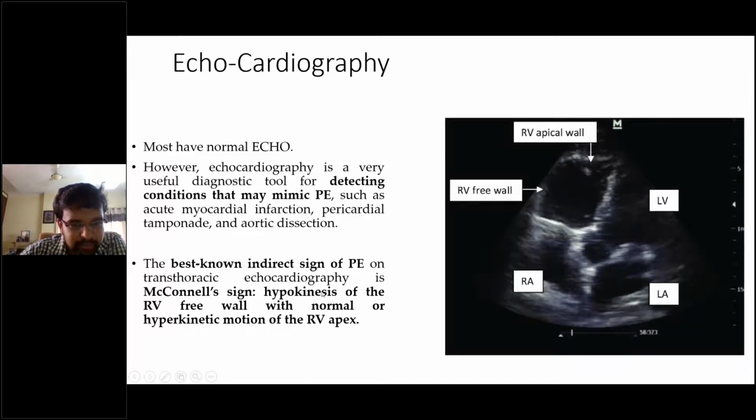There is hypokinesis of the right ventricular free wall with a normal or in fact hyperkinetic motion of the right ventricular apex. In fact, this is the earliest sign which you can see on echo in pulmonary embolism. But again, this is not very commonly seen, and normally the echo is normal and it is a diagnostic tool for detecting conditions that are mimicking pulmonary embolism.